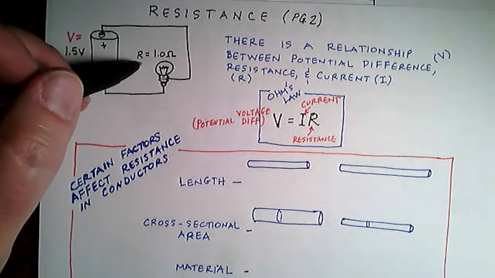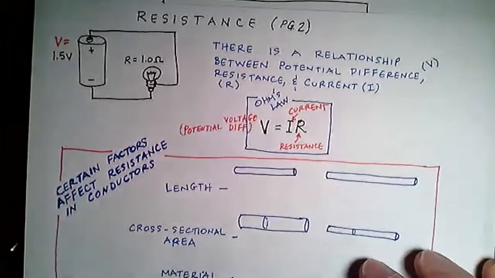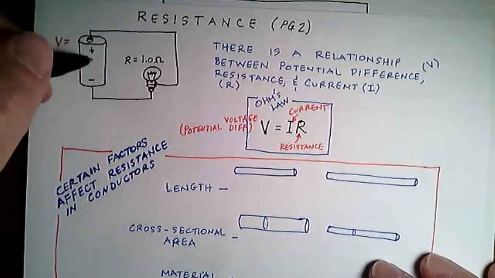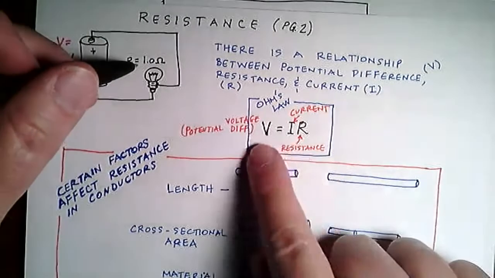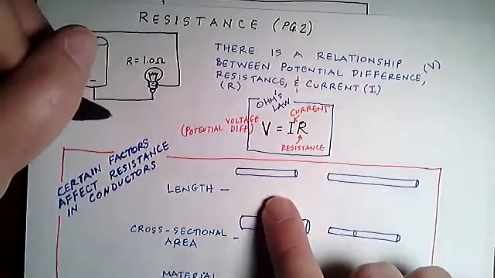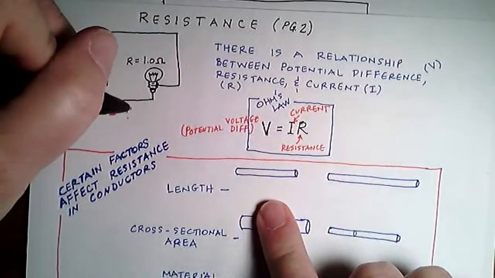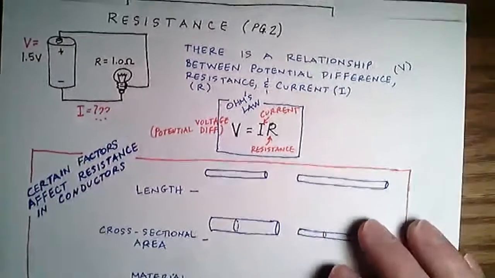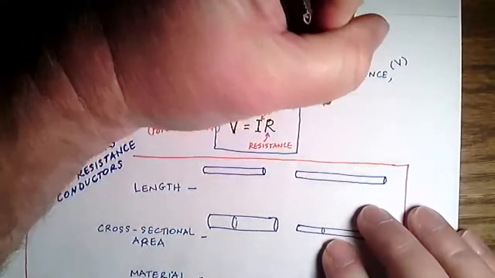Okay. So if I were to look at this as a for instance, I can solve for this. The one variable that I don't have in this circuit right here, I've got V and I've got R, I'm missing I. So if I wanted to know what the current is here, this wouldn't be too hard to do. I would take my formula that I got, V equals IR.